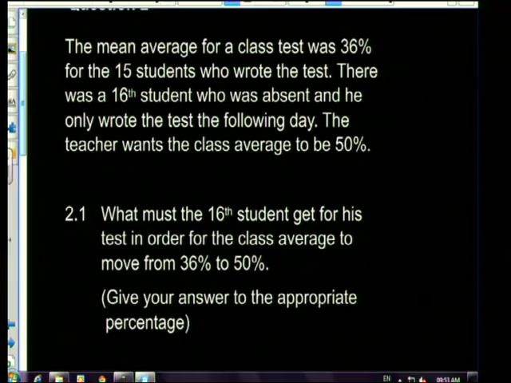Okay. Now, this kind of question catches students all the time because students say, this is so easy. We've got 36%. We wanted to get to 50%. So all the students got to do is get another 14% and we got it to 50.